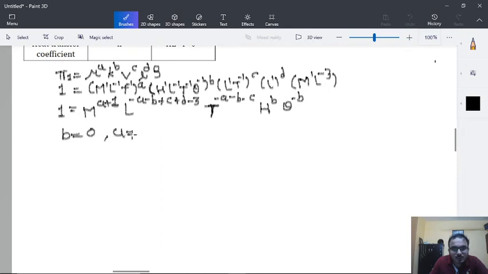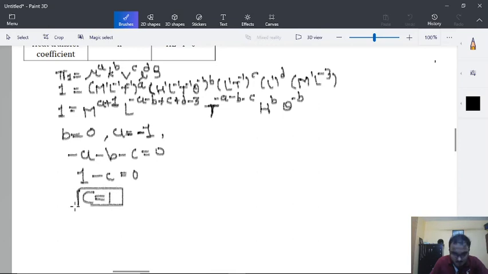a equal to -1. Then we can continue with this third term, which is T term, which is -a, -b, -c equal to 0. So here it will be 1 minus c equal to 0. So here we will be getting c equal to 1. And we have already obtained b equal to 0 and a equal to -1.